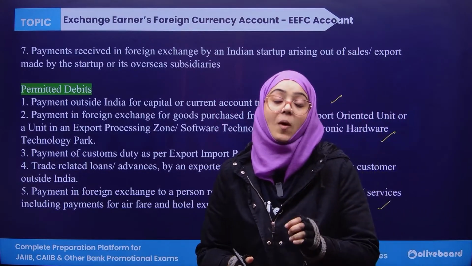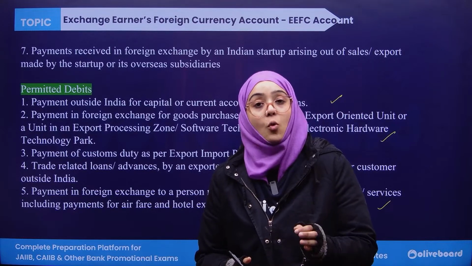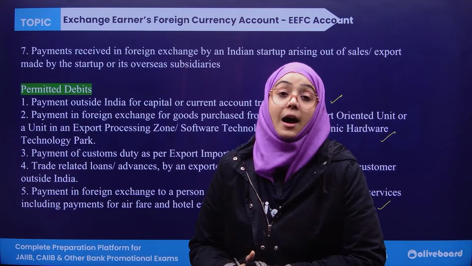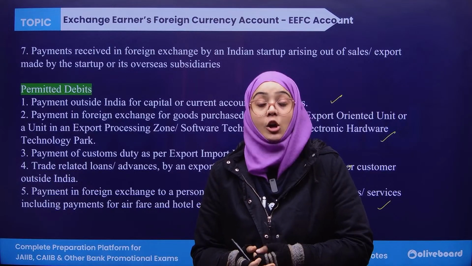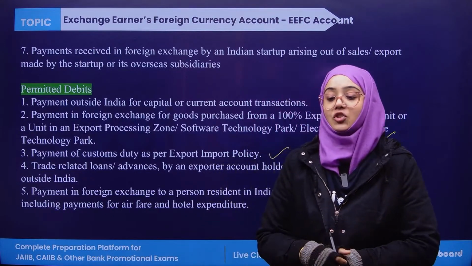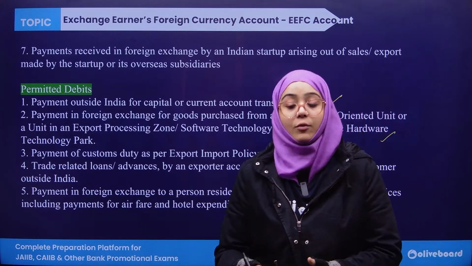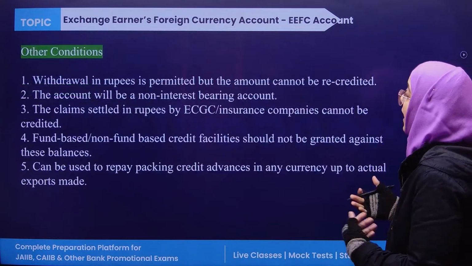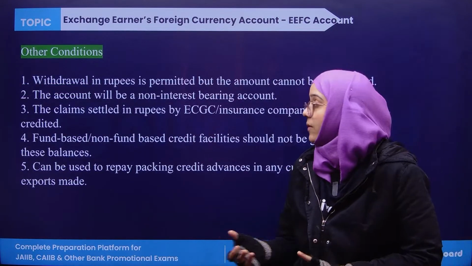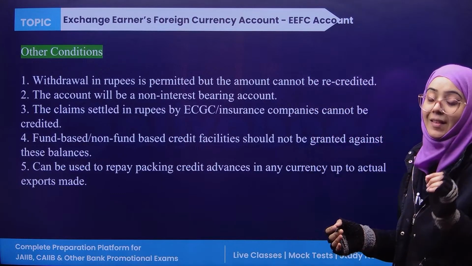Specifically, the purpose is you are a resident Indian and you have foreign exchange earnings, right? And you have to manage that foreign exchange earning. So for managing your foreign exchange earning, the type of account which is offered to you is known as EEFC account, right?